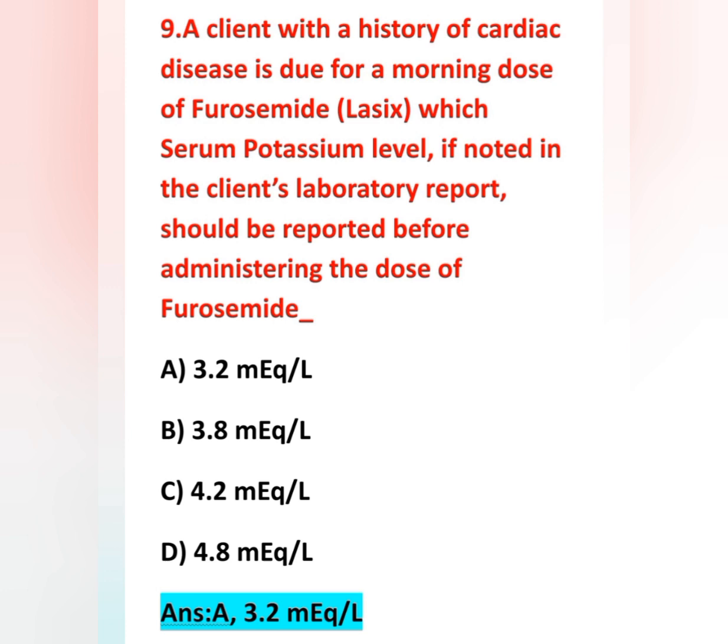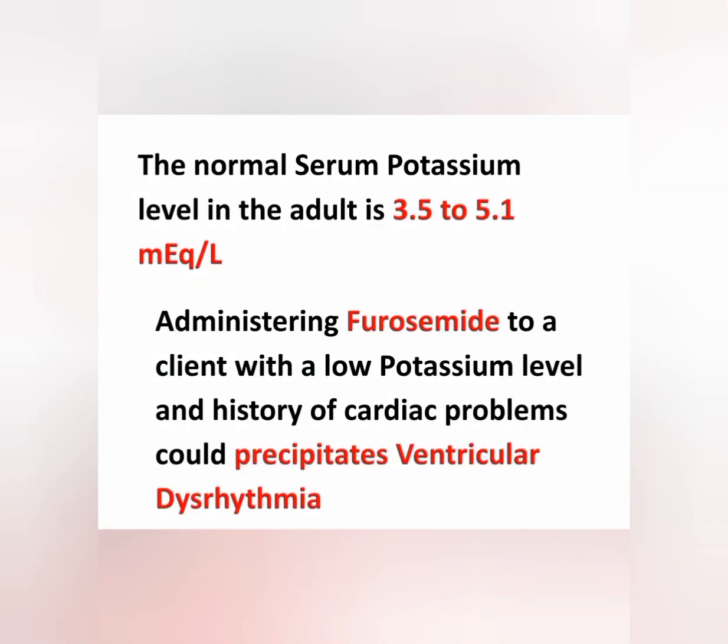The normal serum potassium level in an adult is 3.5 to 5.1 milliequivalent per liter. Administering furosemide, Lasix, to a client with a low potassium level, and 3.2 is the low potassium level among our options, and the patient already having a cardiac problem, could precipitate ventricular dysrhythmia.